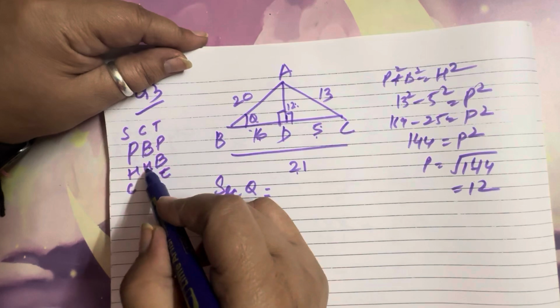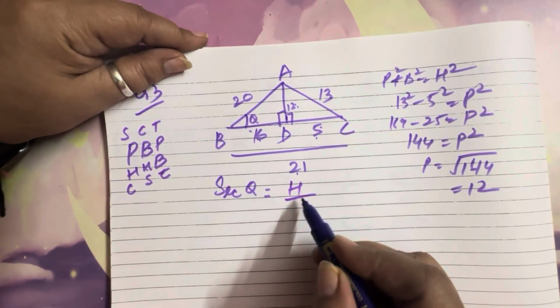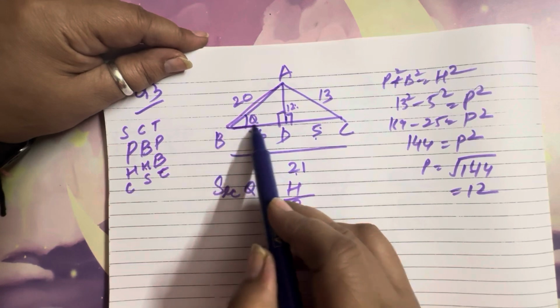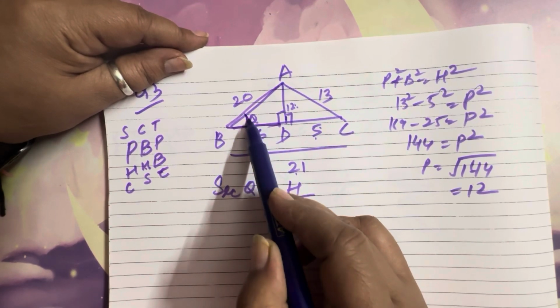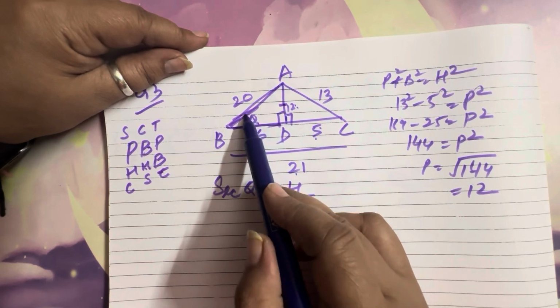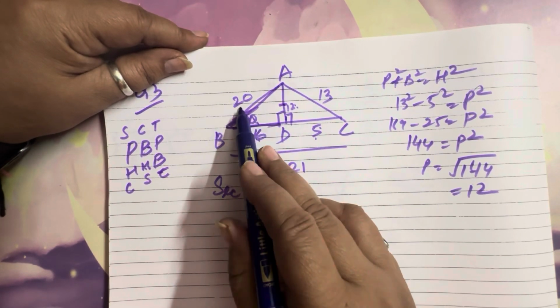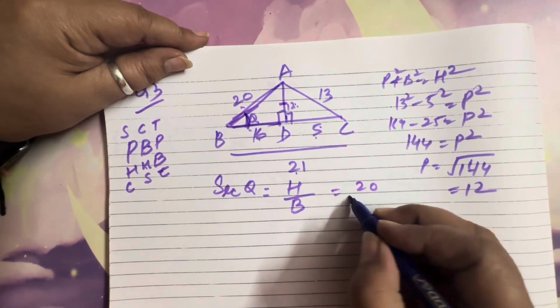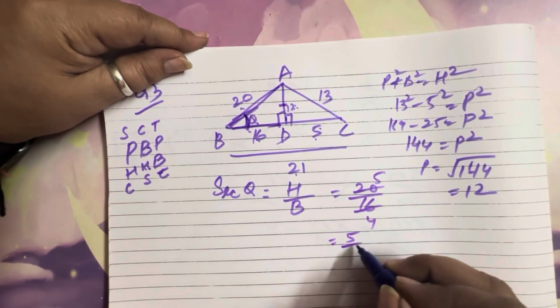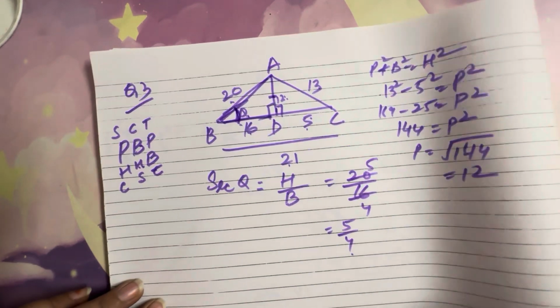So sec is hypotenuse by base. Hypotenuse is 20 and base is 16 for theta. Theta is this, so the side opposite to it will be the perpendicular. So we have hypotenuse 20 and base 16. Now we simplify, 5/4. This is the answer for this question part.